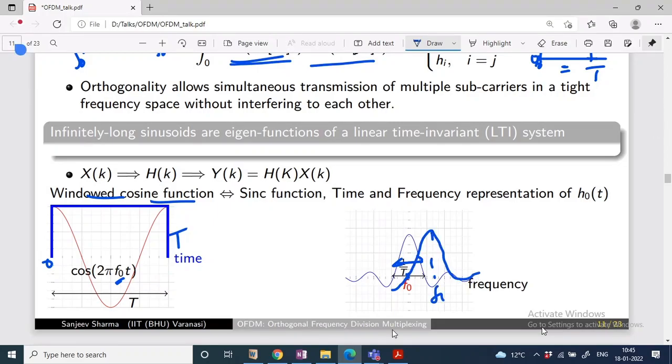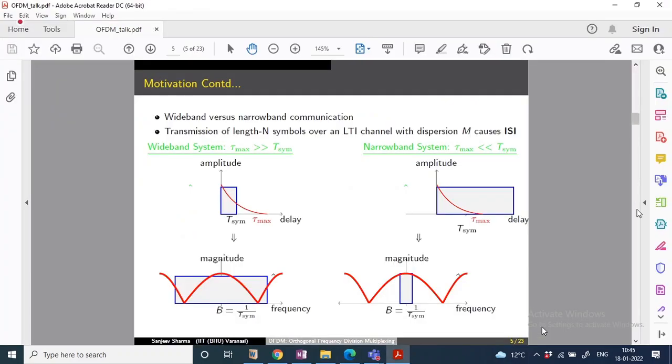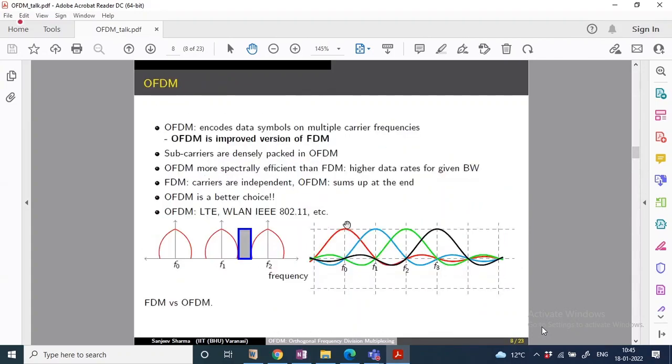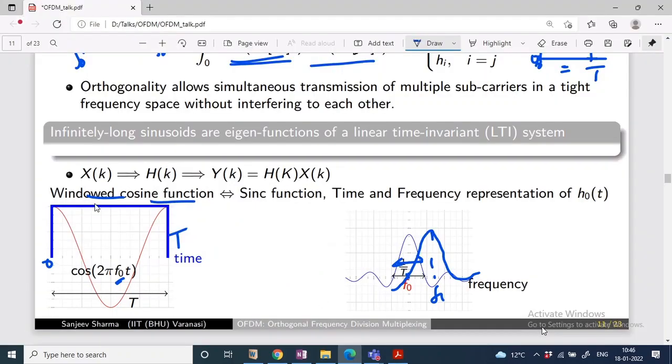That's why I have shown you these sinc functions. I hope this is clear: we put sinc functions in the frequency domain OFDM signal due to the windowed cosine functions.